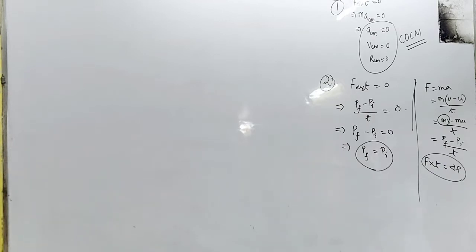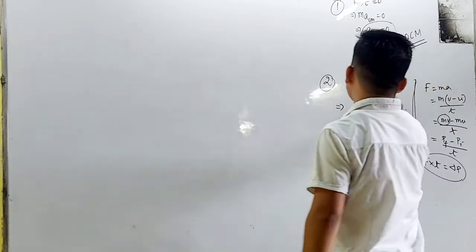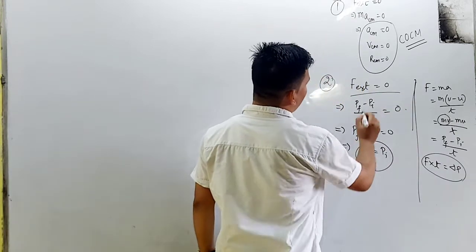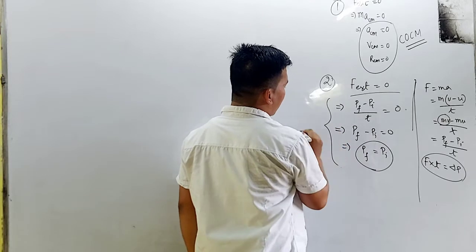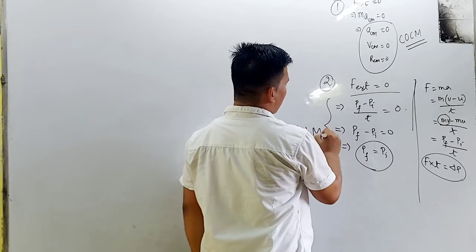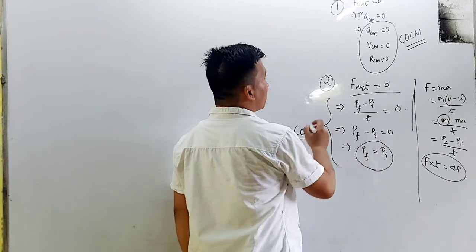The total momentum before firing will be equal to the total momentum after firing. That is the concept. Conservation means retaining the originality. So the second one is COLM, conservation of momentum.